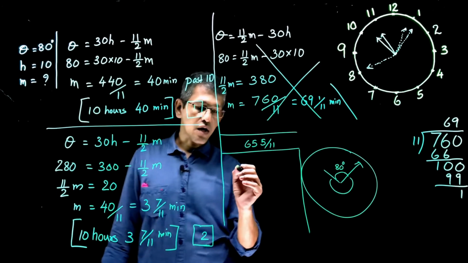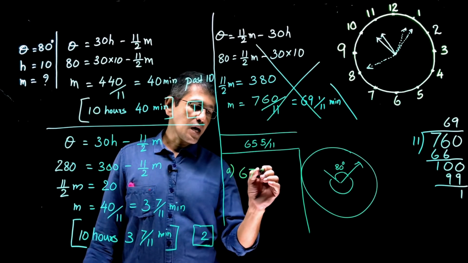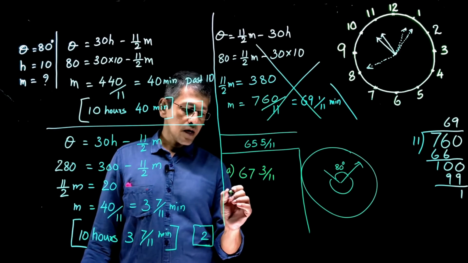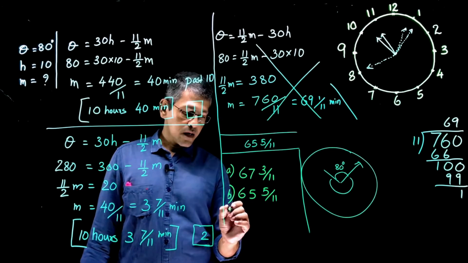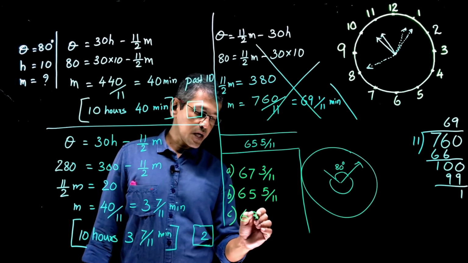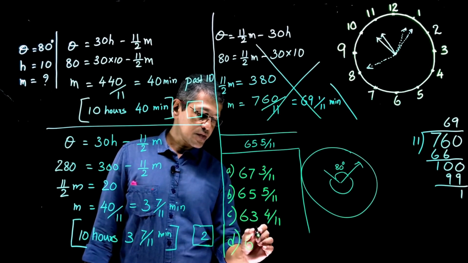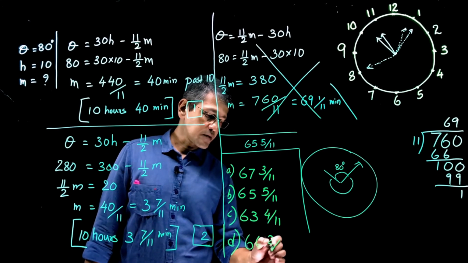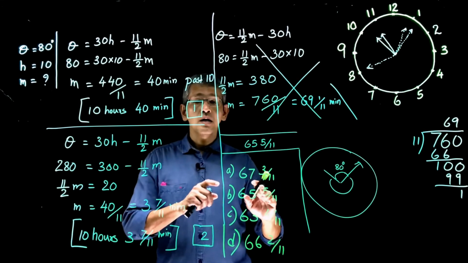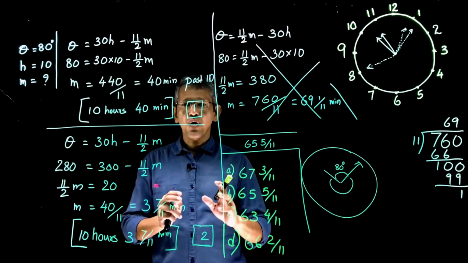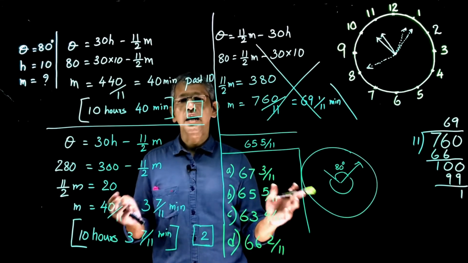The answer choices are: A, 67 and 3 by 11 minutes, B, 65 and 5 by 11 minutes, C, 63 and 4 by 11 minutes, and D, 66 and 2 by 11 minutes. So what is the question? What would be the possible time gap between two coincidences of two hands of a clock which is a gaining clock?